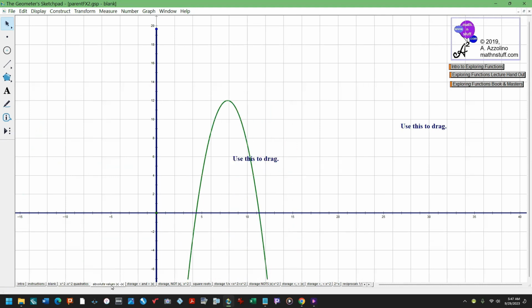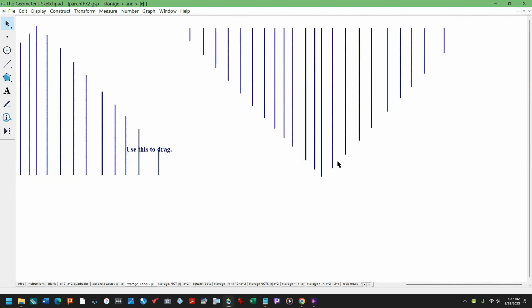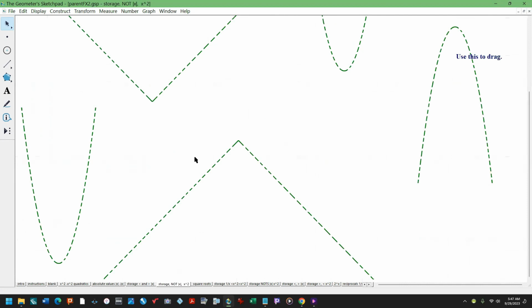Okay, you have absolute value functions. You have is greater than or is less than functions. You have is not equal to, so you could make fancy things.